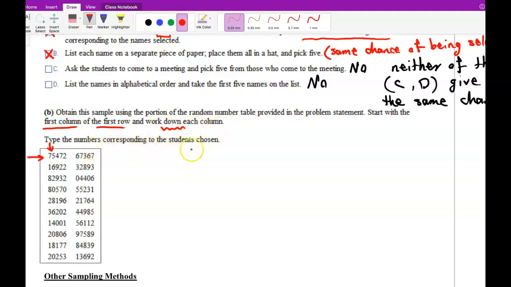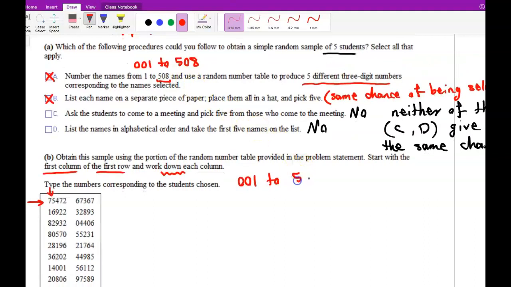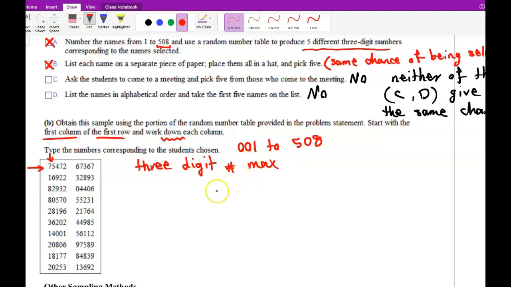Type the numbers corresponding to the students chosen. As I said, here we have max 3 digits. It's starting from 001 to 508. So it's a 3 digit number max.